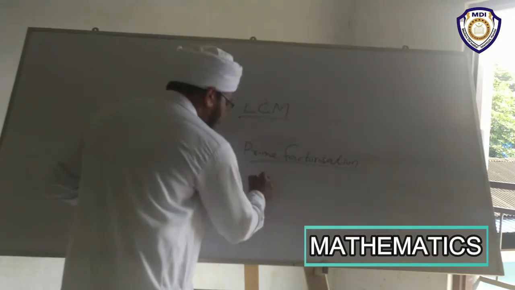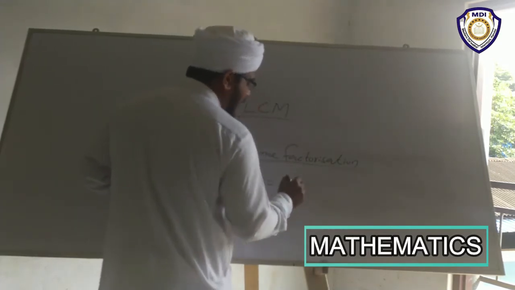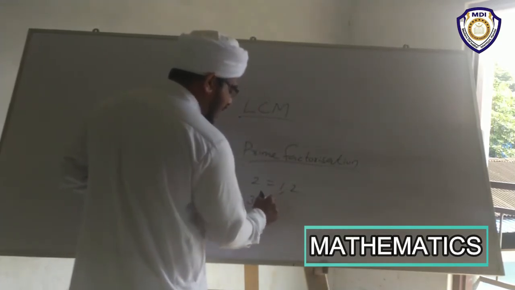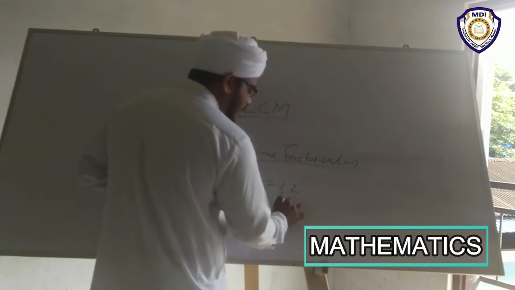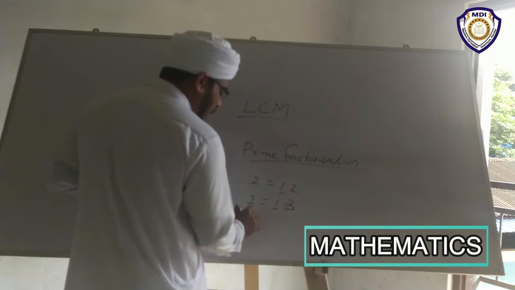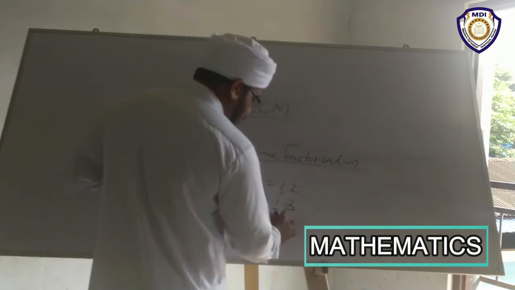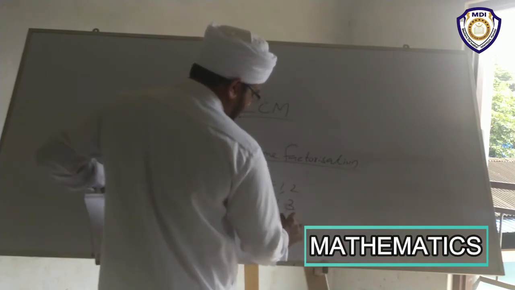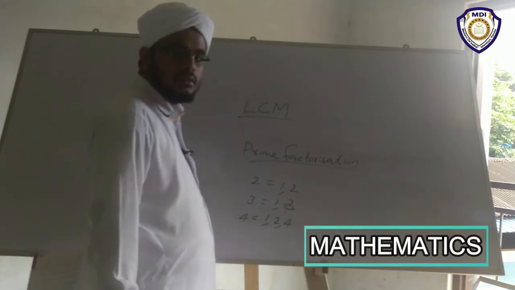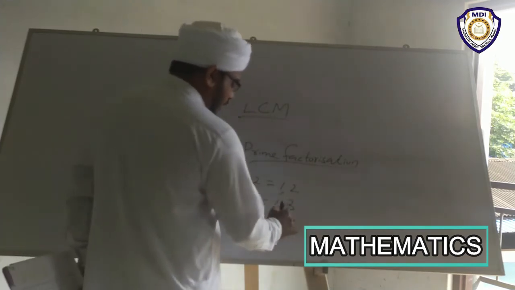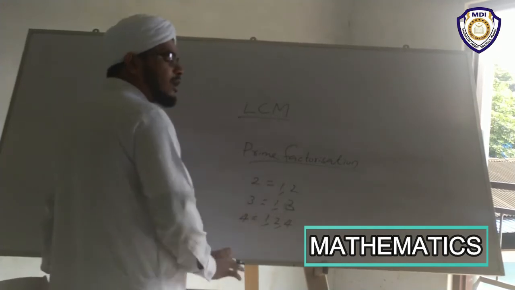like 2. 2 has only two factors, which are 1 and 2. 3 has two factors, 1 and 3. Then 4 has more factors: 1, 2, and 4, because 1 into 4, 2 into 2 is 4.